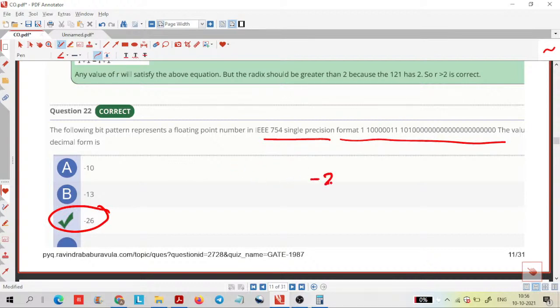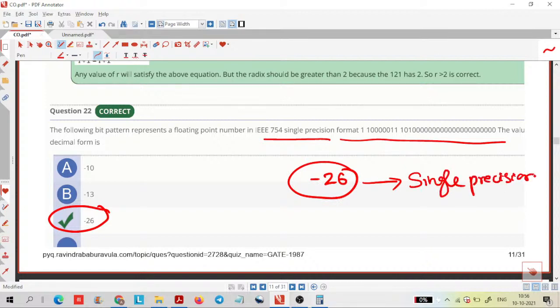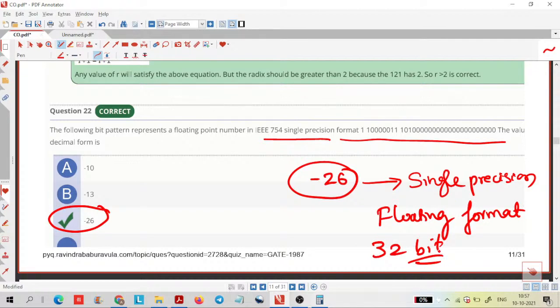I have taken the minus 26 and converted it into the binary single precision floating point format, that is 32 bit, right?